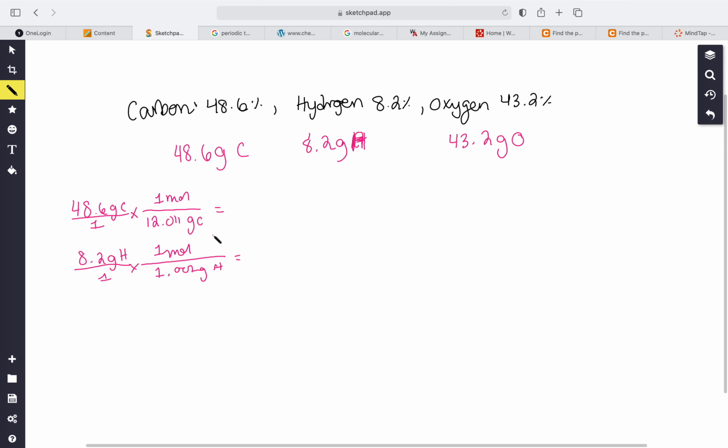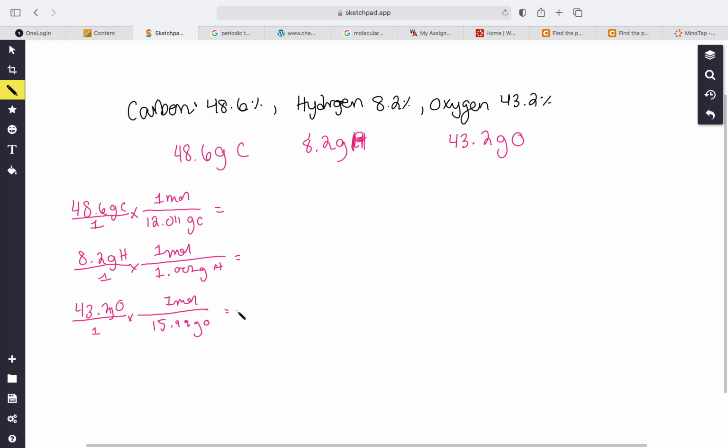Again, all these numbers are coming from the periodic table. I just know these off the top of my head because I've been doing this a lot. And then the grams of oxygen times 1 mole divided by 15.99 grams of oxygen.